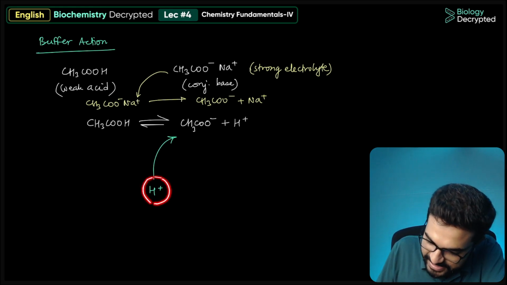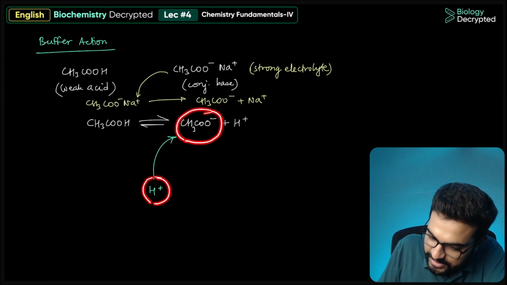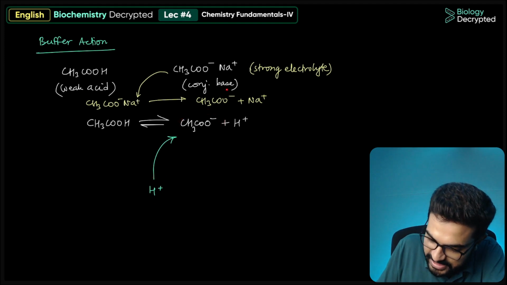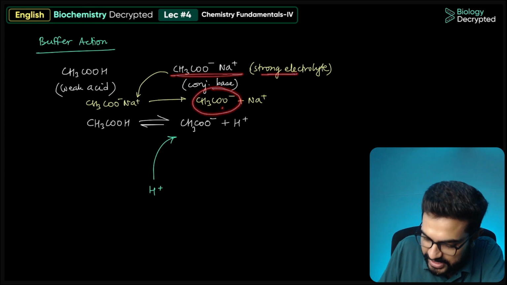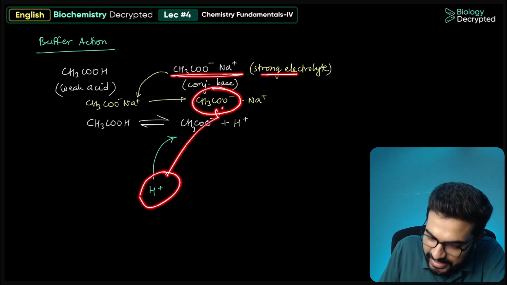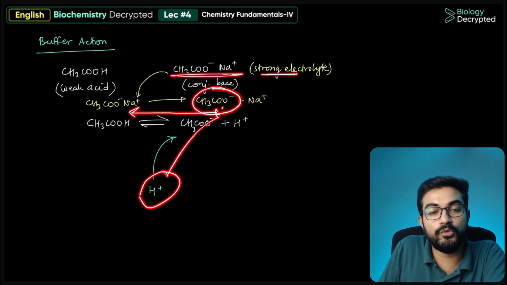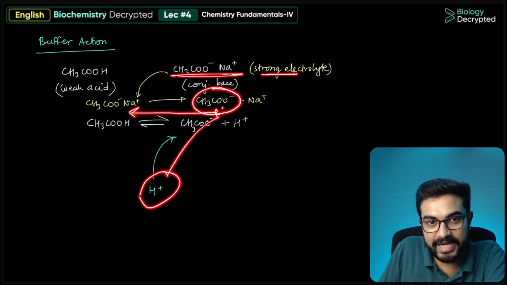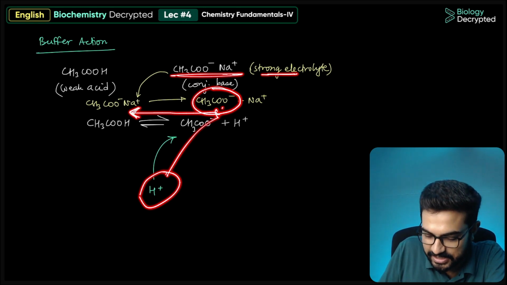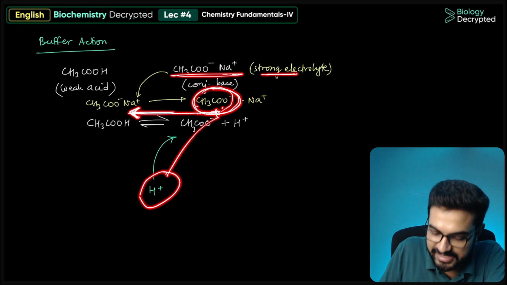These H plus ions will combine with the extra CH3COO minus ions added in the form of the strong electrolyte. These two will combine and form CH3COOH, and the reaction will move backwards.